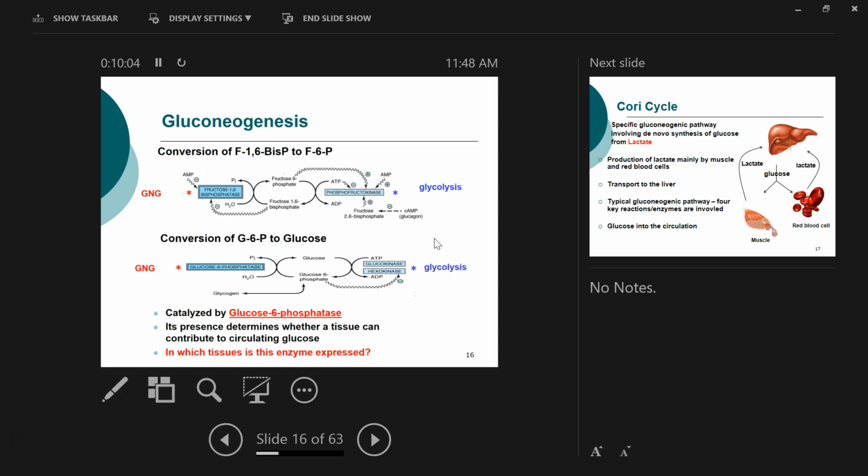So insulin upregulates glycolytic enzymes like glucokinase or hexokinase, but inhibits the gluconeogenic enzymes. In that way, one pathway can be upregulated and the other downregulated under certain physiological conditions. We will talk about this in more detail later.